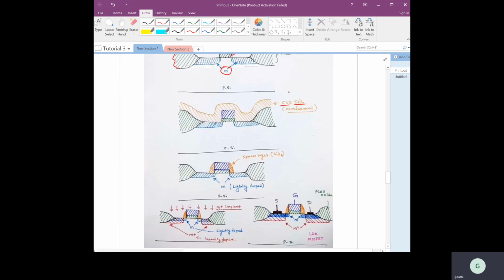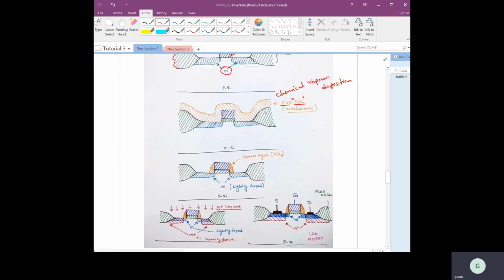CVD means chemical vapor deposition. This is a particular technique by which you can deposit different oxides. If you are planning to use CVD for depositing silicon dioxide, you can do that. You can also use CVD for depositing other oxides as well as some other materials.